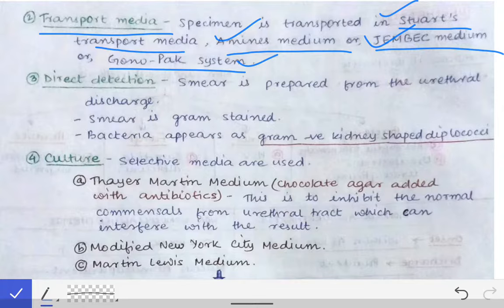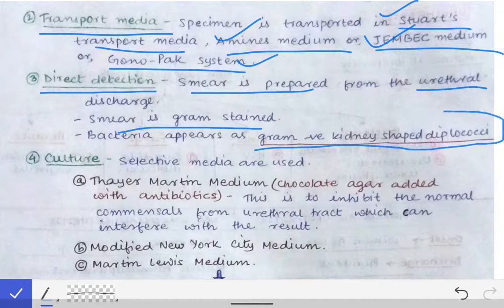Then we try to do the direct detection. For that, we make a smear on a clean glass slide with the urethral discharge, and then the smear is stained. The gonococci have a characteristic appearance of gram-negative kidney-shaped diplococci.